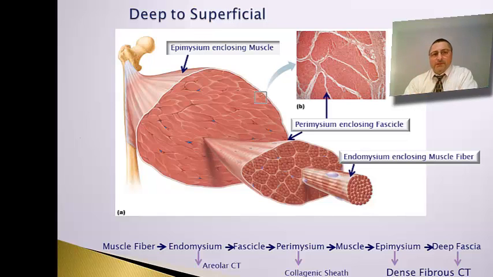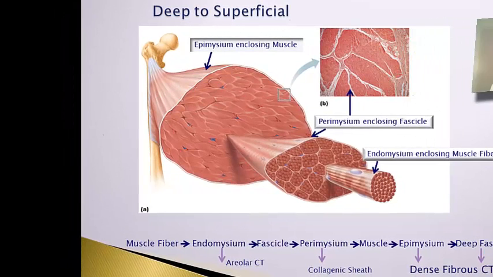So each muscle is going to be packaged on the outside surface with what we call a deep fascia, so that they're all tied together. If I was going into a cadaver and trying to articulate out one of these large arm muscles, and I was looking for the biceps, the two biceps are actually articulated together and wrapped by that deep fascia. For me to be able to get to the individual muscles, I'd have to cut through the deep fascia and separate the muscles out that way.